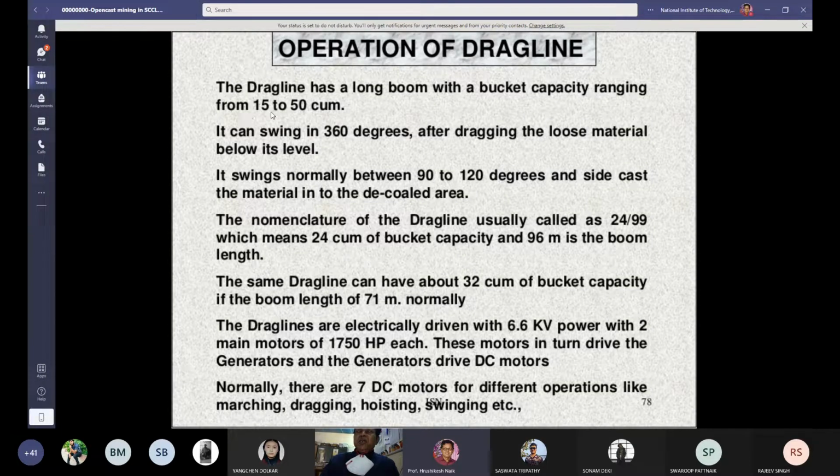Starting from 15 cubic meter capacity to 50 cubic meter capacity, draglines are available. And the dragline can swing 360 degrees. It can swing all around, after dragging the loose material below its level.